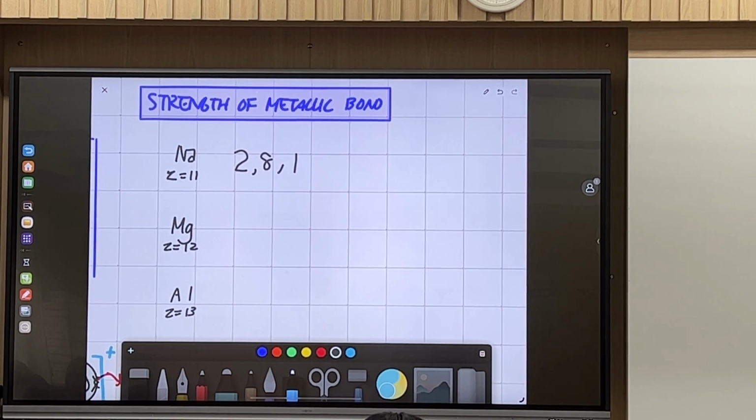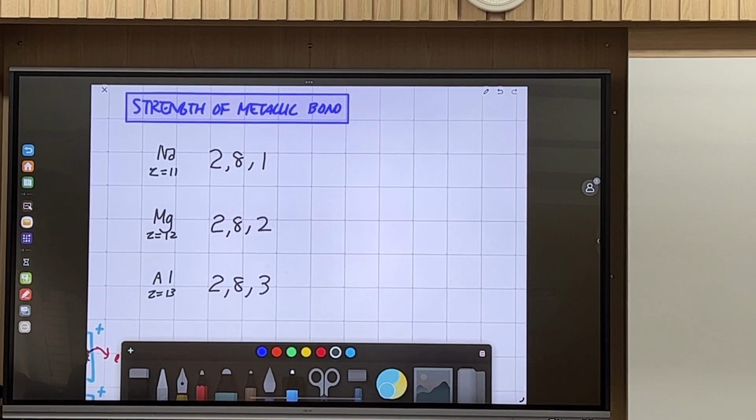For sodium, just one. But what about magnesium? Is losing one enough for magnesium to bring it to stability? No. It will need to lose 2. And for aluminum, it will need to lose 3. So by stripping away a different number of outermost shell electrons, they will get to 2,8.